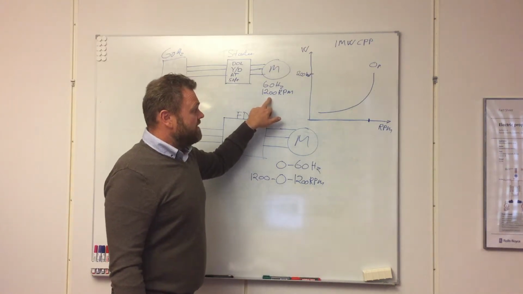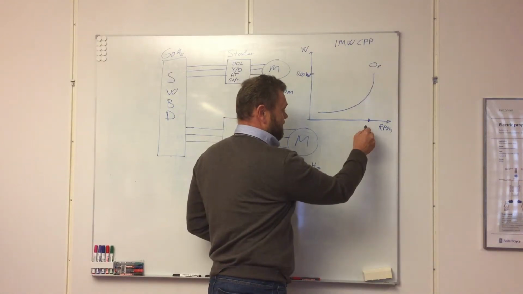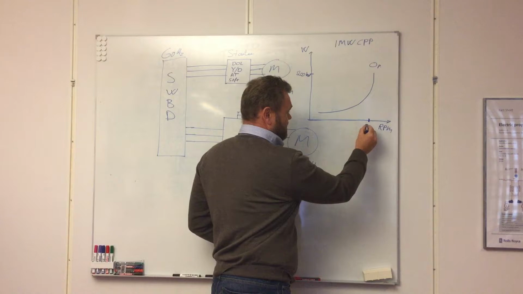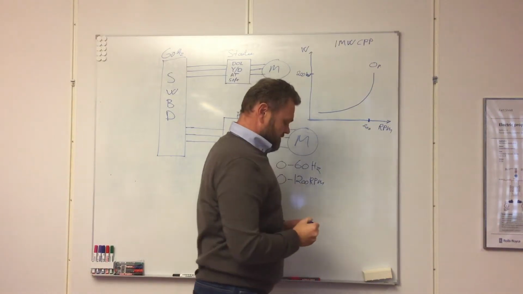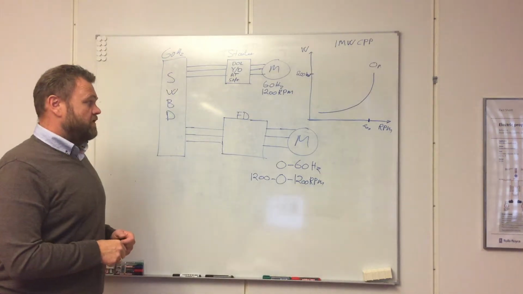So, okay, fixed speed, we have that speed here. Let's say 200 RPM. Tunnel thruster, maybe 200 RPM, 180.